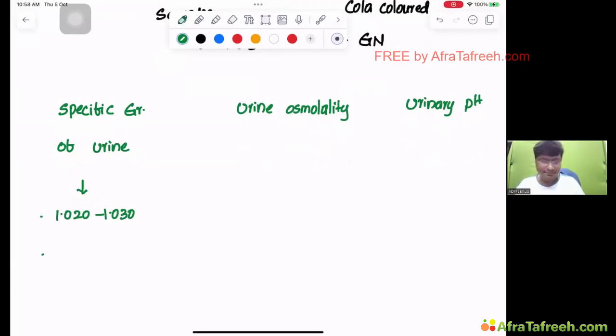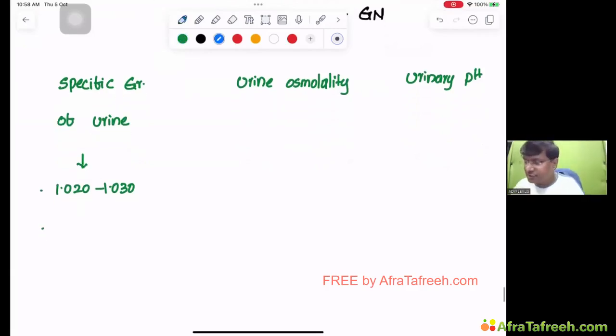What is the importance of the specific gravity?